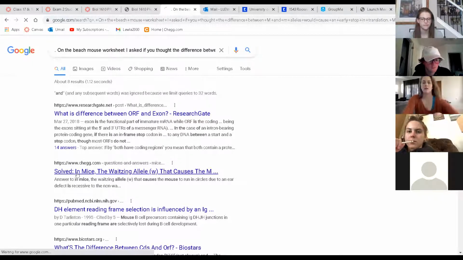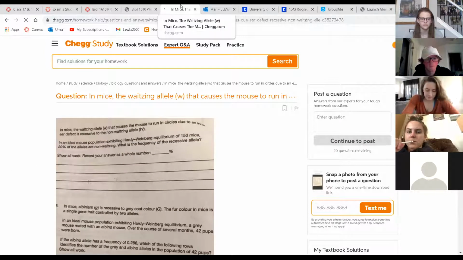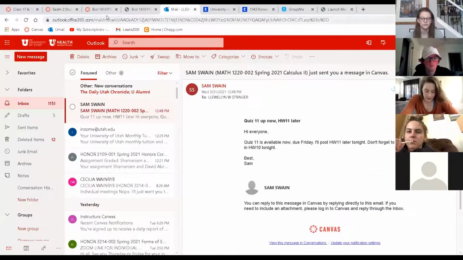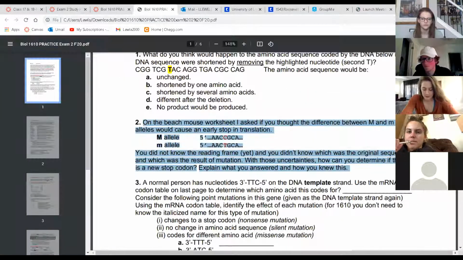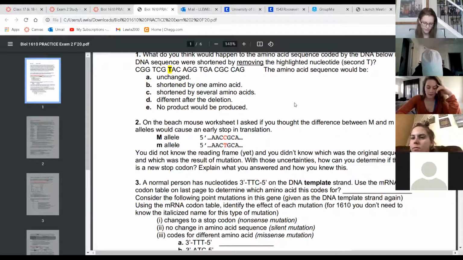So we went over this in our discussion today. I don't think I'll do a super good job relaying the explanation, but because it says an early stop in translation, you have to translate it into mRNA, and then you can look at the codon table. Does that make sense? Yeah. So you have to translate them, so it would be 3', and then you would have U, G, G, C, G, U. And then you just do the same for the bottom one.